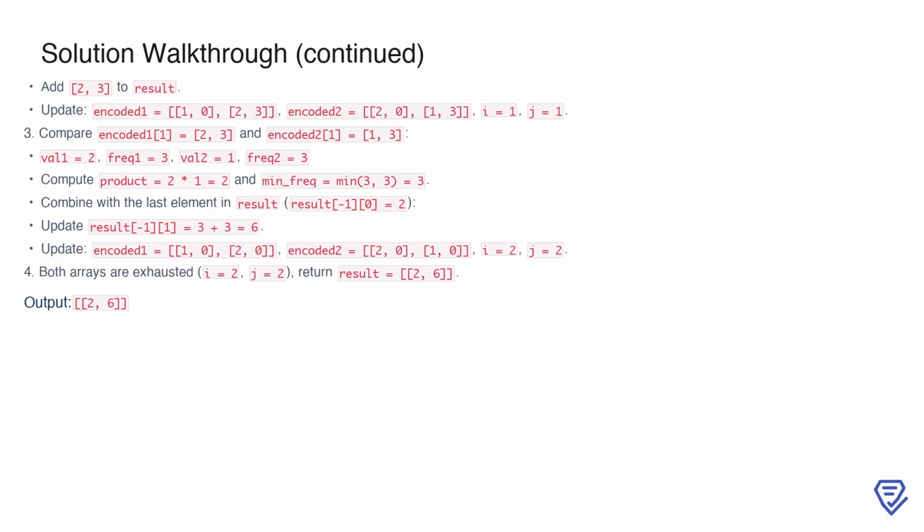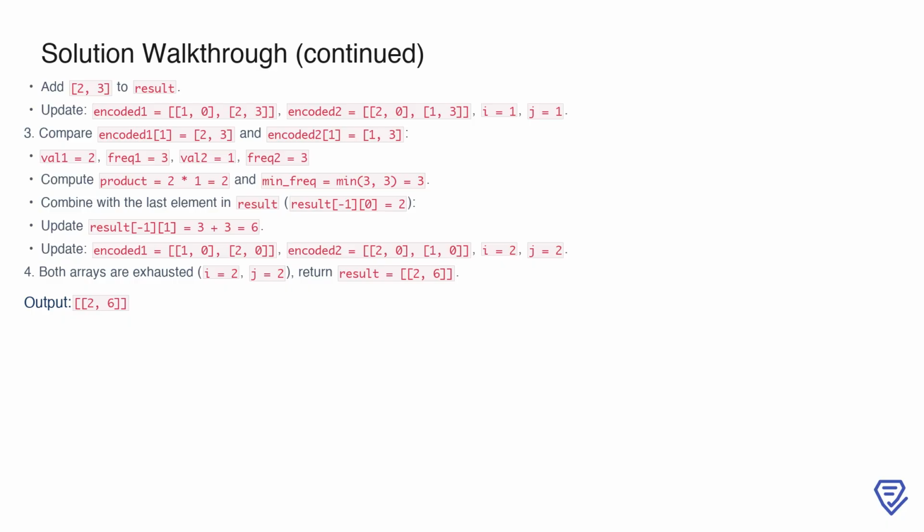After updating the arrays, encoded1[0] and encoded2[0] are exhausted, so we move i and j to the next elements, encoded1[1] = [2, 3] and encoded2[1] = [1, 3]. Comparing these, the product is 2 * 1 = 2, and the minimum frequency is min(3, 3) = 3.